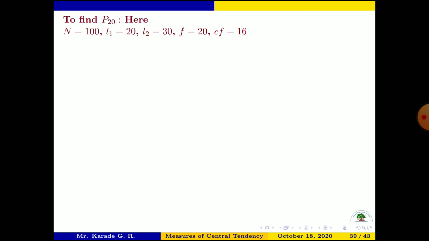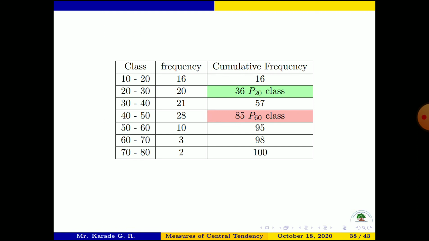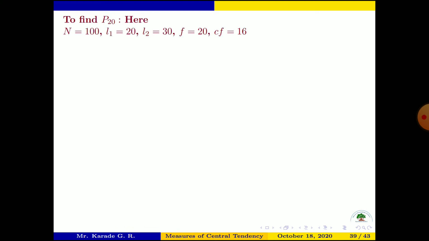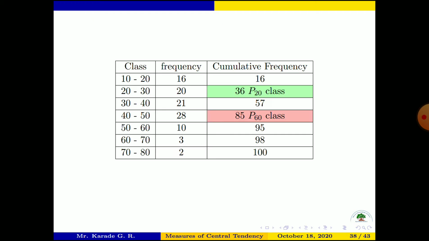To find the 20th percentile, here n is equal to 100, L1 is equal to 20, L2 is equal to 30, F means frequency of the 20th percentile class. You can see here the frequency of the 20th percentile class is 20 and cumulative frequency is 60, meaning the cumulative frequency previous to the 20th percentile class is 60.